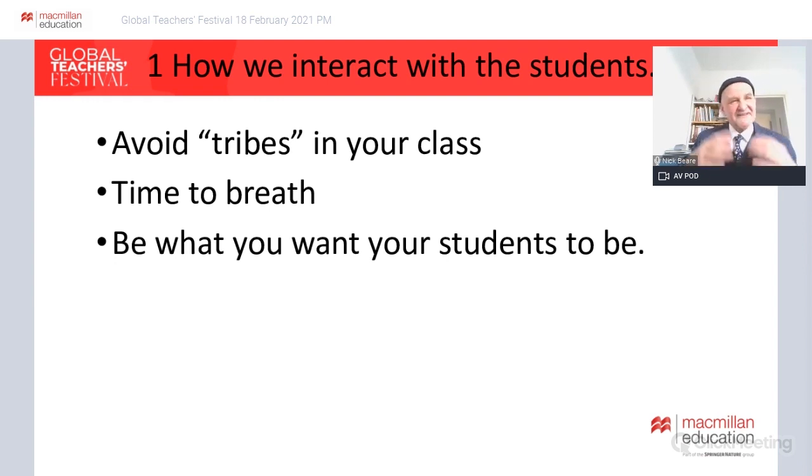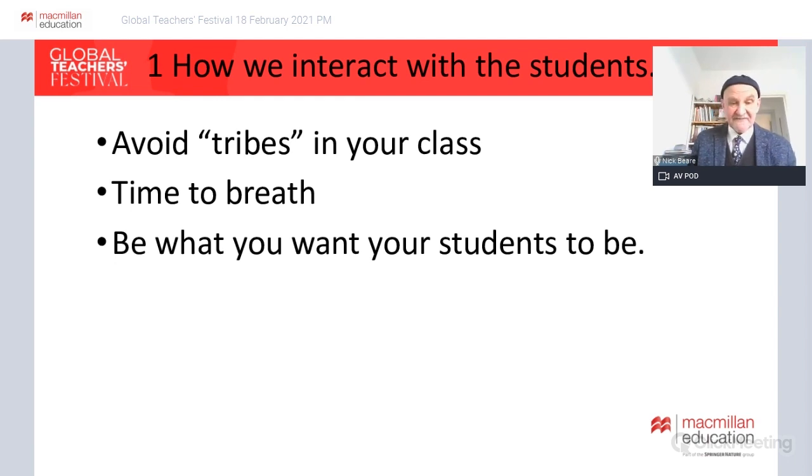I don't want to take anything too complicated or too difficult to explain for the parents, thinking what on earth is going on in the class, but something very simple like this little time to breathe activity. We'll look at that in a minute, and I think that's a way we can handle it very well. And also be what you want your students to be, and we'll talk about that in detail in a minute.